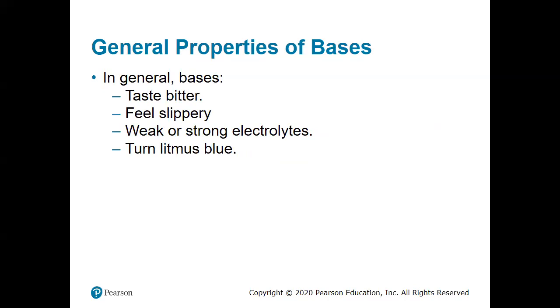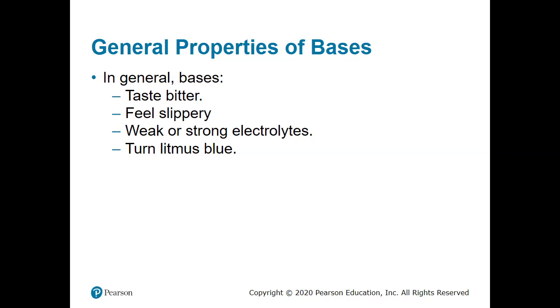Bases, on the other hand, again, their electrolytic character we've already discussed. But bases are largely responsible for things like bitter flavors. If you have ever, well, this is actually pretty easy.